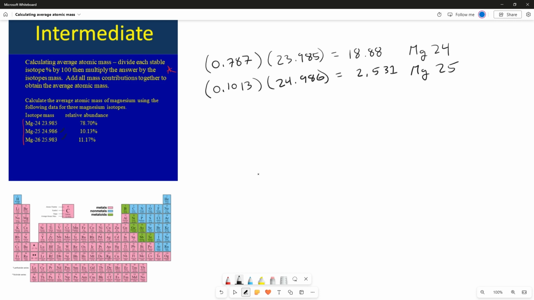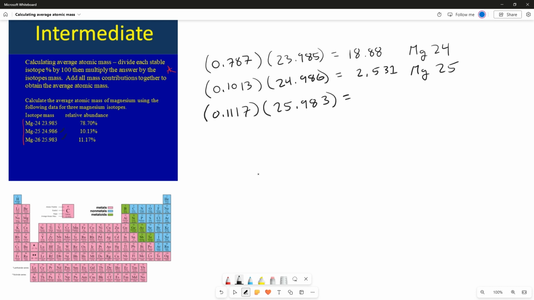Now we just need to take a look at the third isotope, magnesium-26, and that is 11.17%. So if we convert that into a decimal, it'd be 0.1117, and then multiply that by the mass of magnesium-26, which is 25.983.